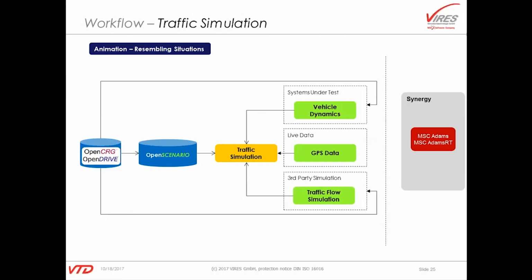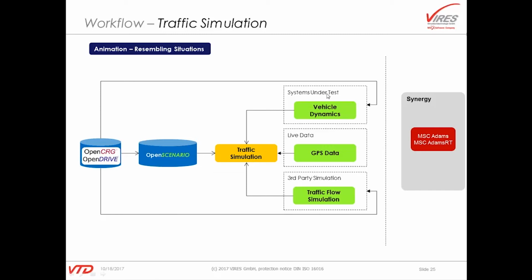The animation part is the part that actually consumes the OpenScenario description and makes reference to the OpenDRIVE file. As I said before, we typically call it the traffic simulation part. This will animate the whole 3D environment. There will be a couple of instances created inside the traffic simulation, like our own traffic running around in the simulation.